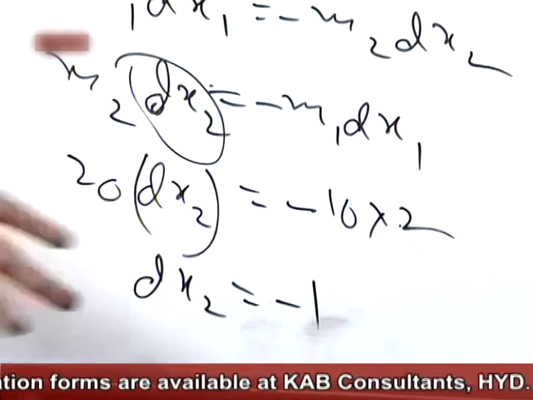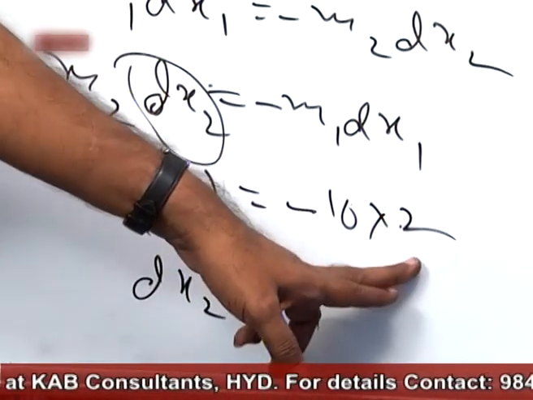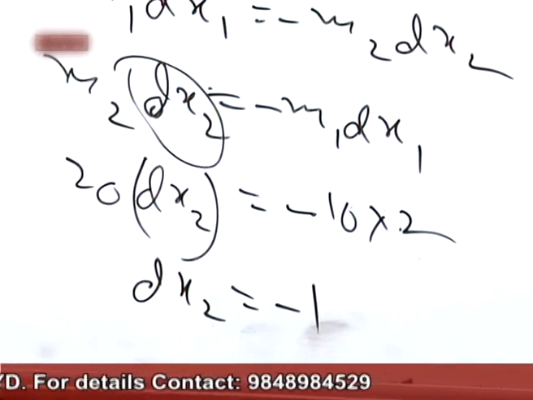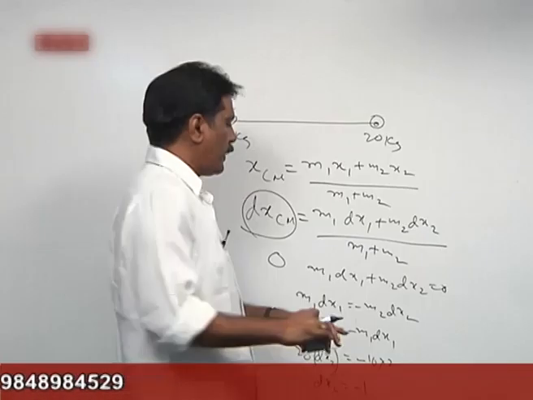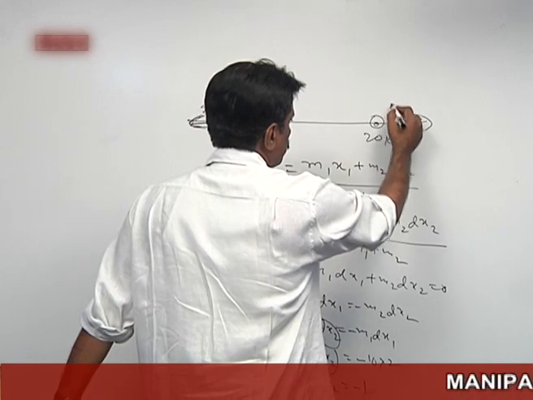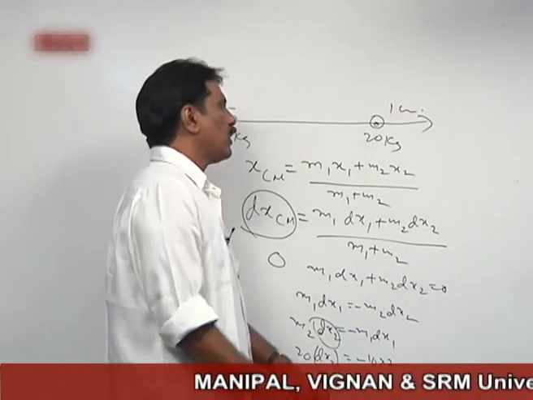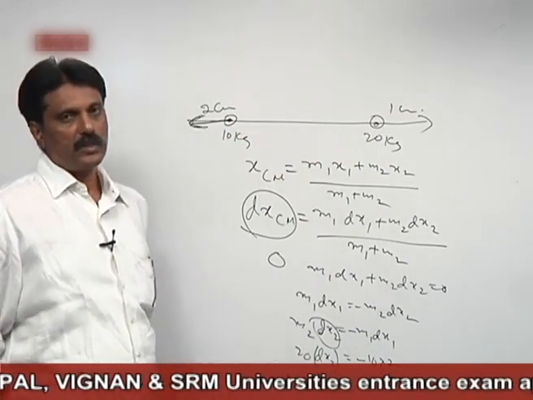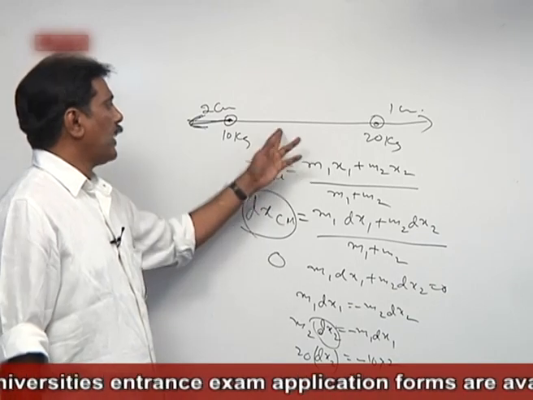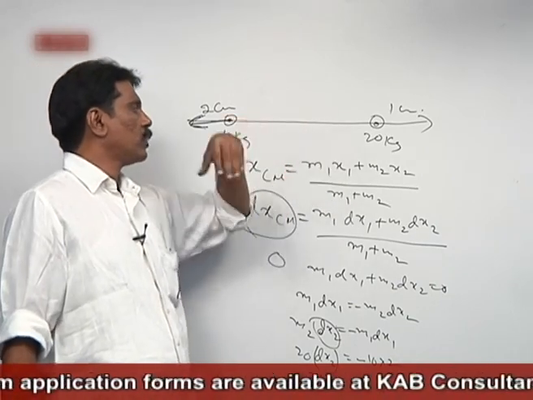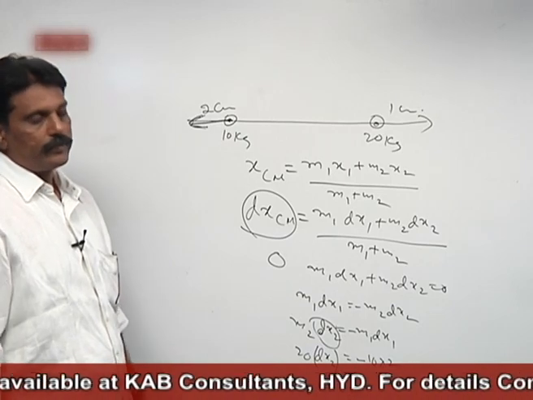That means, since we have taken 2 as positive, here we got negative for the second, so this should be moved 1 centimeter in this direction, so that the center of mass will remain at the same position. Again you will have the center of mass where previously it is.